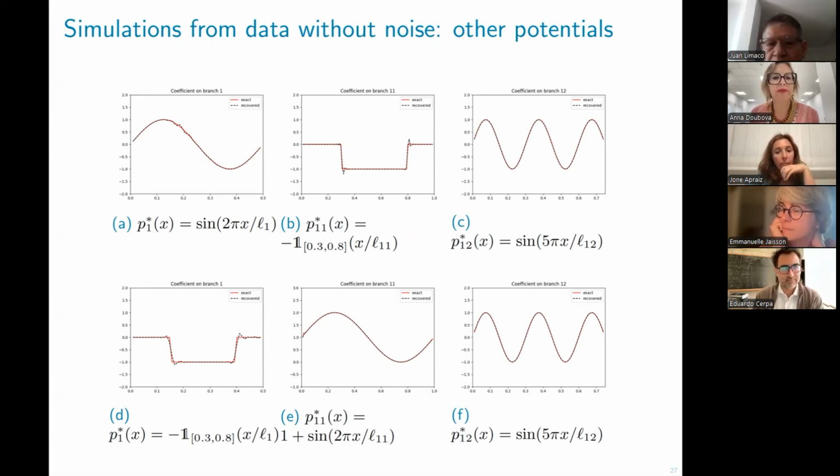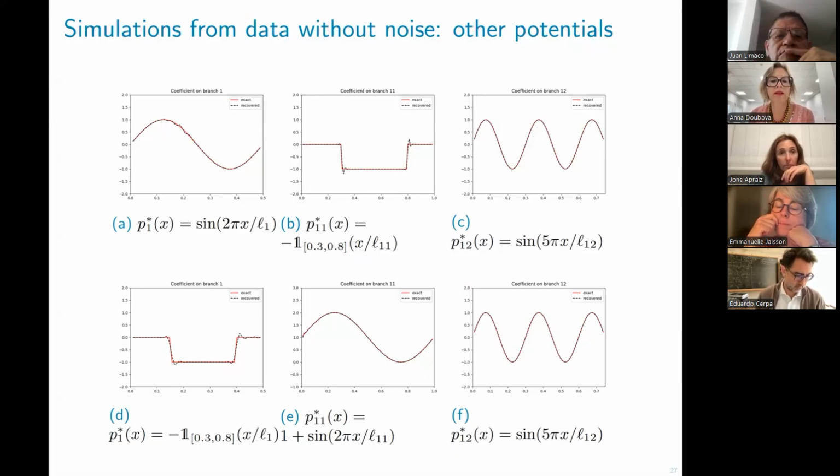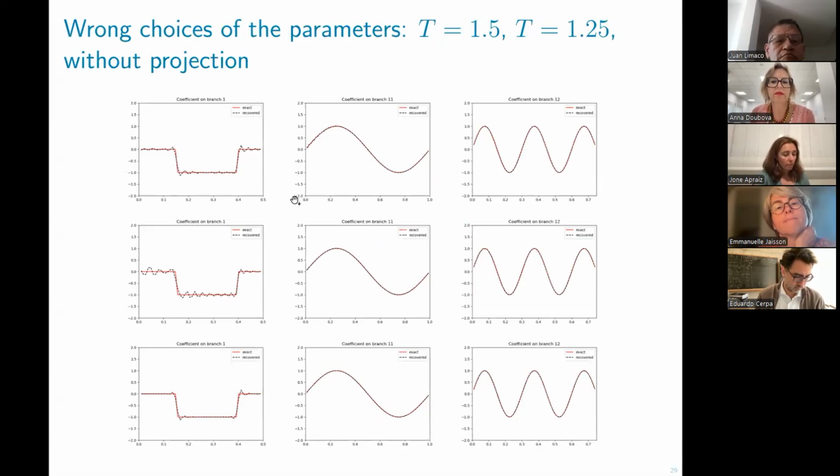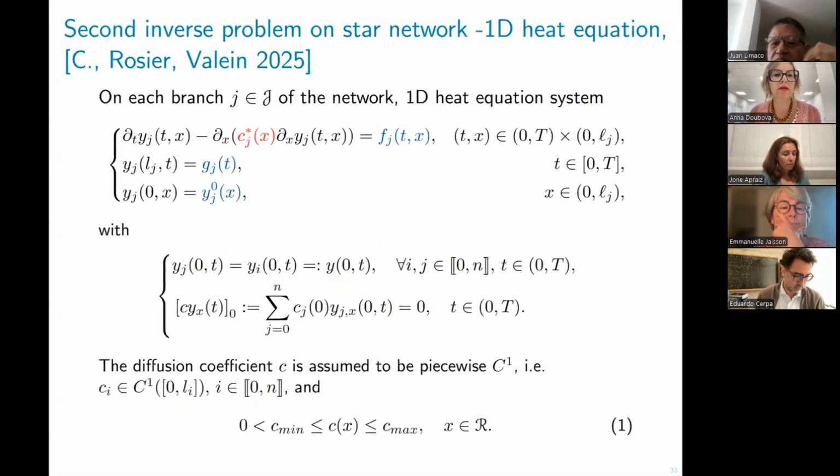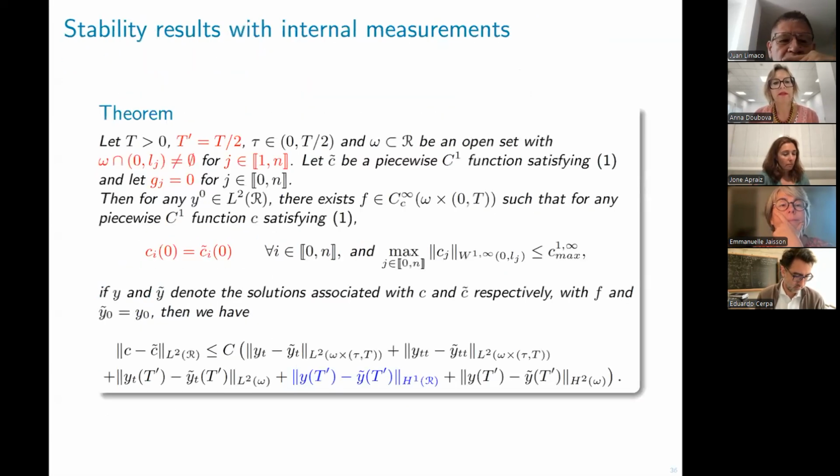Other questions? I have just one question, mostly curiosity. Is the size of the network important for the results? Can we obtain reconstruction for any size of the network, or does the speed of convergence somehow depend on the size?